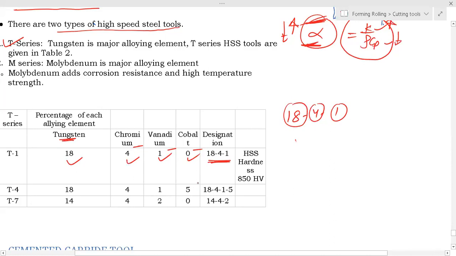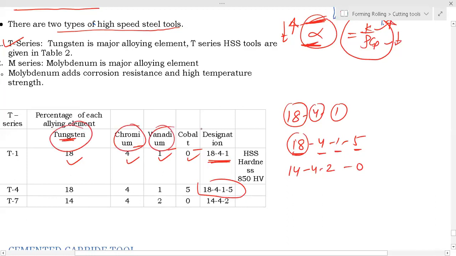If it is 18415, then 18% is tungsten, 4% is chromium, 1% vanadium, and 5% cobalt. Then 14 4 2 0 follows the same order: tungsten, chromium, vanadium, cobalt. This is the designation.